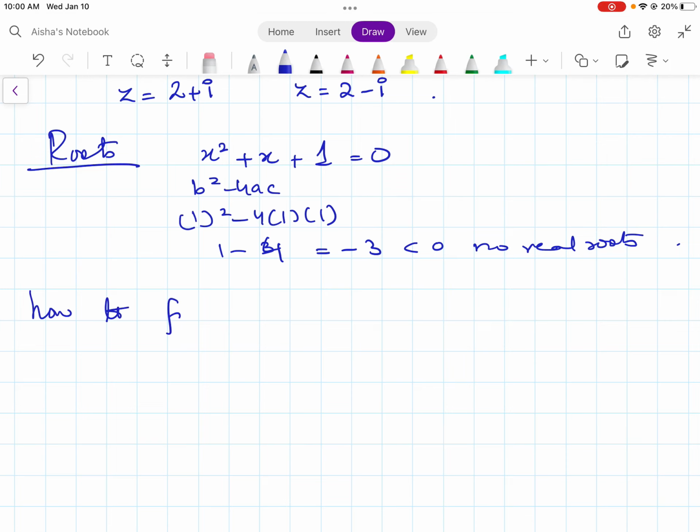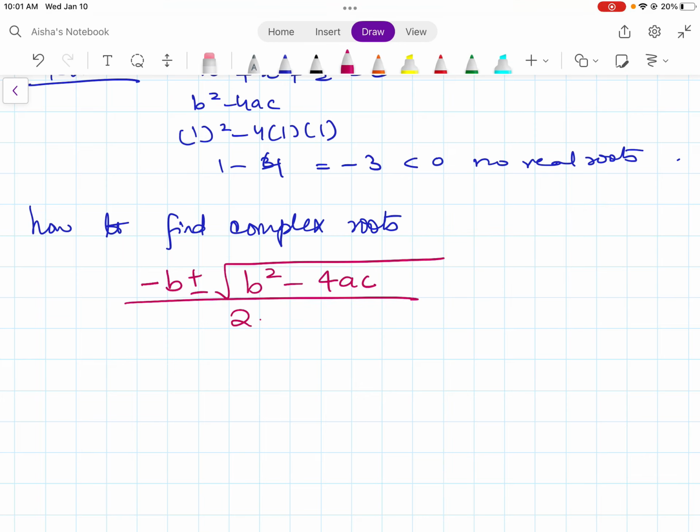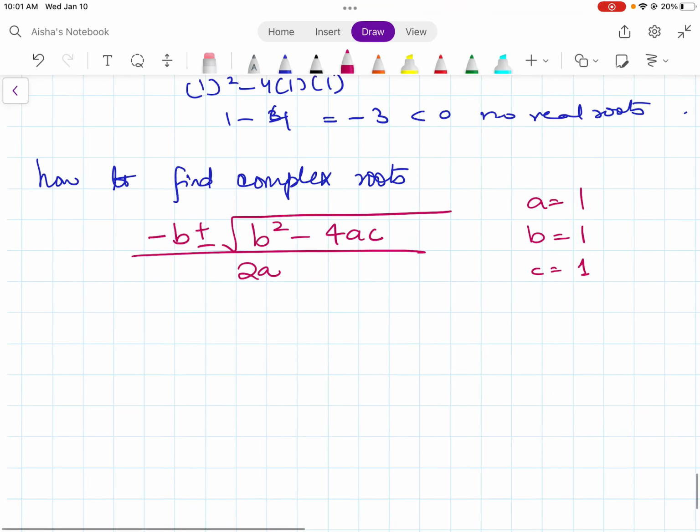How to find complex roots? Plug it in the quadratic formula. Minus b, plus or minus root of b square minus 4ac, over 2a. Here a is 1, b is 1, c is also 1.